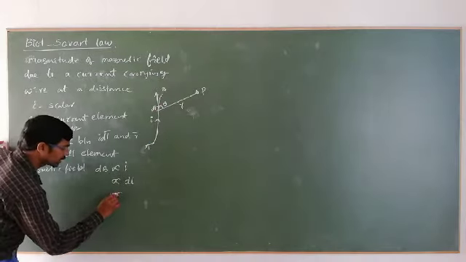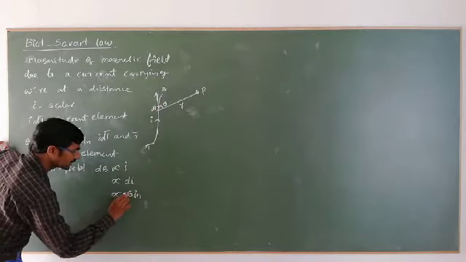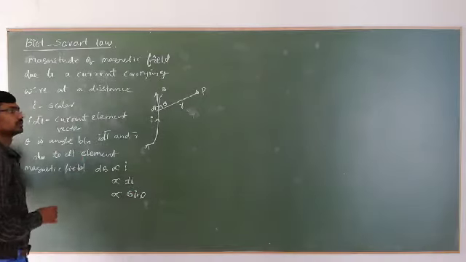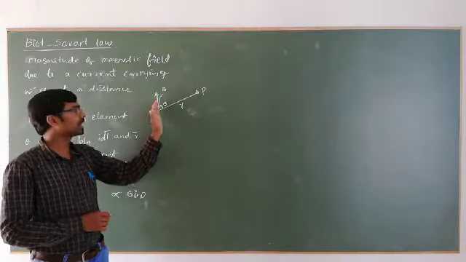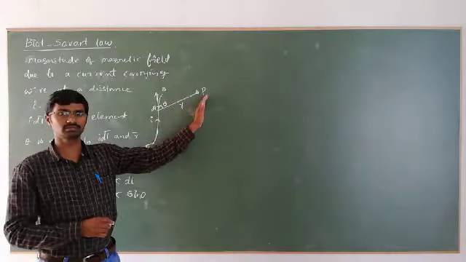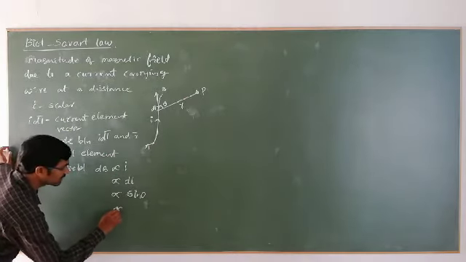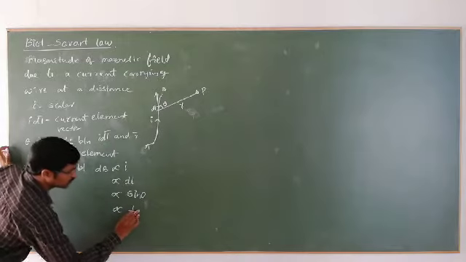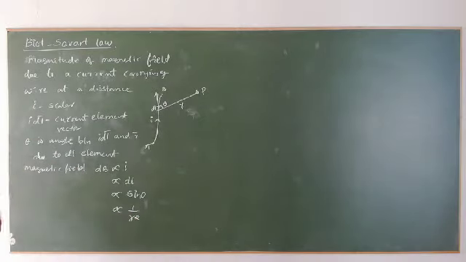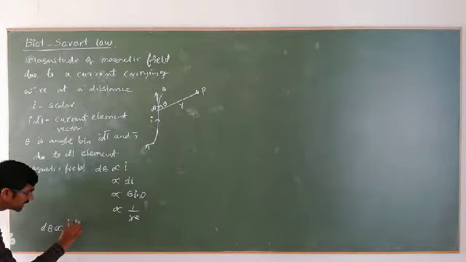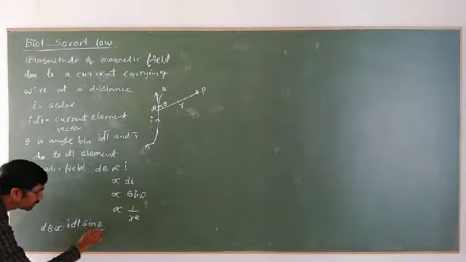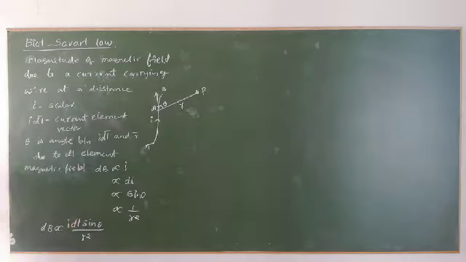And it is directly proportional to the sine of the angle between the current element and the displacement vector, which is theta. And it is inversely proportional to r square. Now by combining all these, dB is proportional to I dl sin theta by r square.